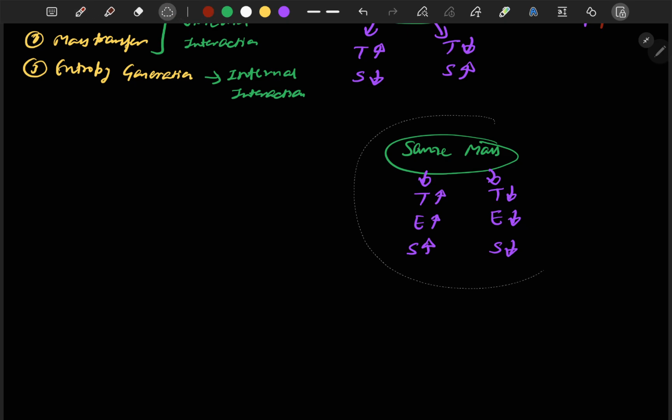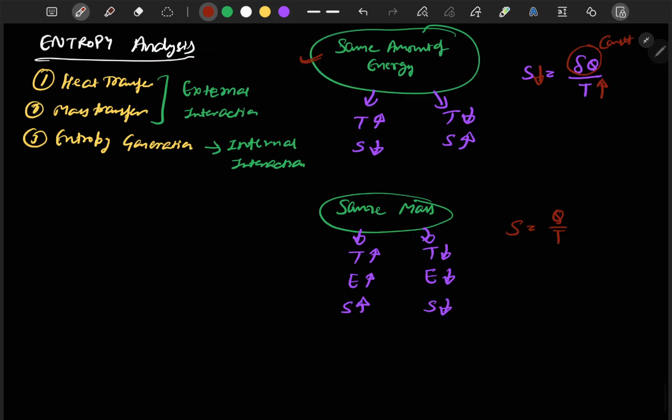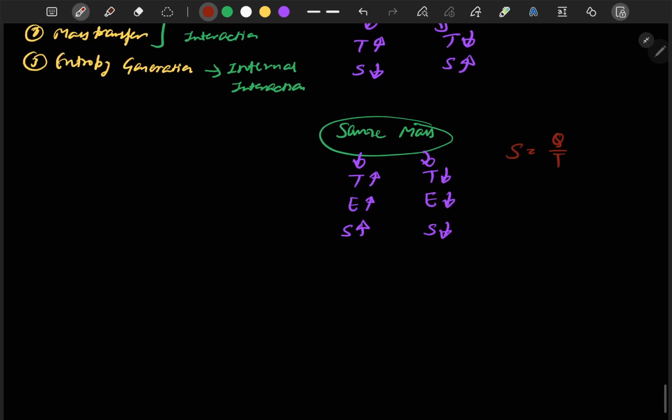So we can say that our entropy can be written as Q by T. Now, since the mass is the same, for the same mass we write Q is equal to m c delta T. Let's say the mass is the same, but we increase the temperature.